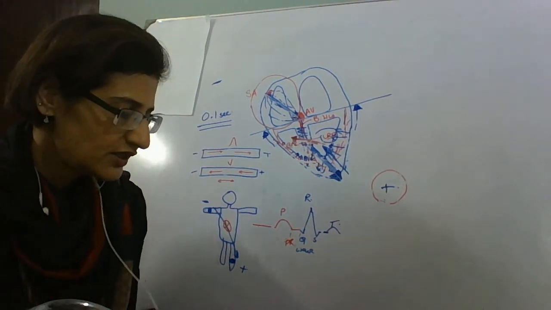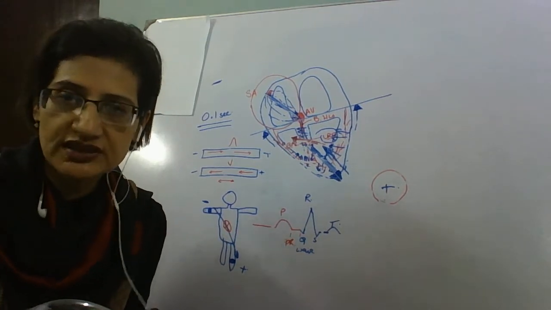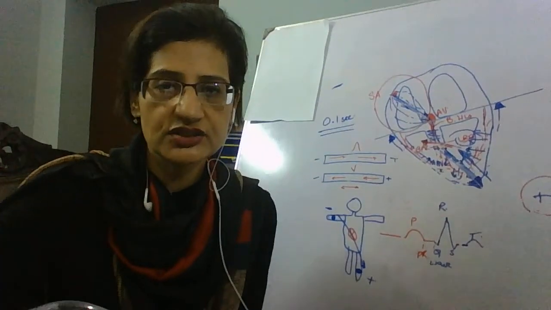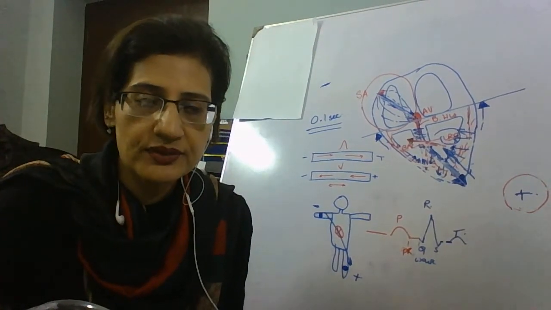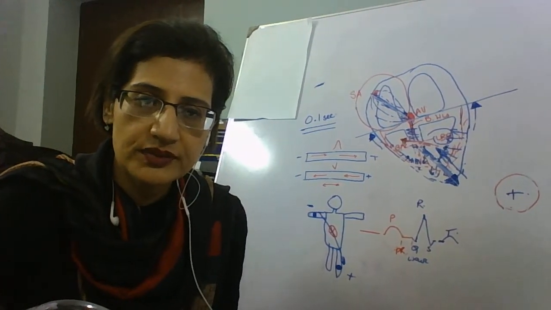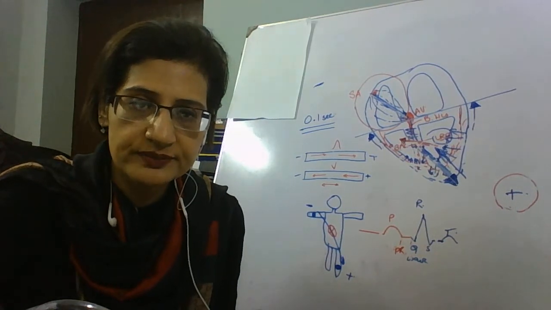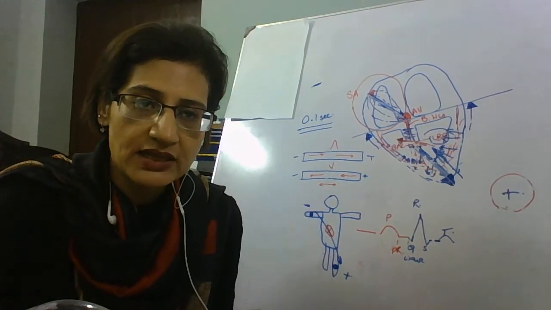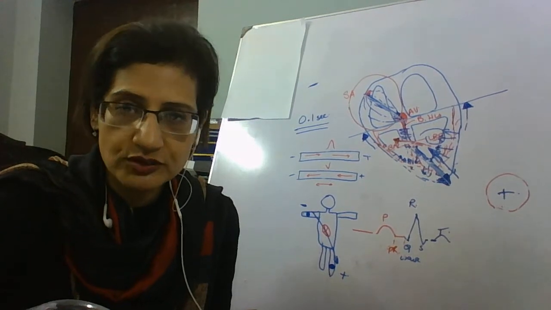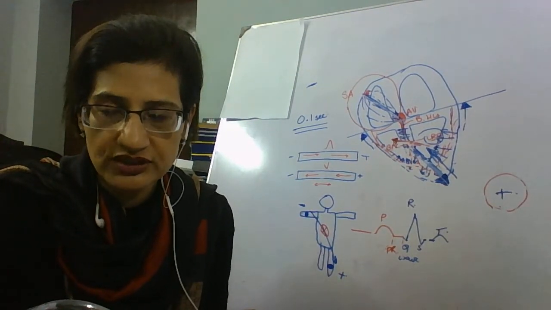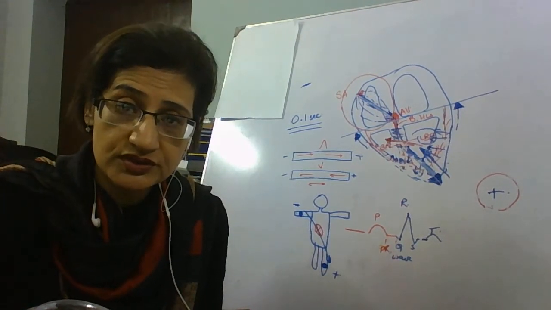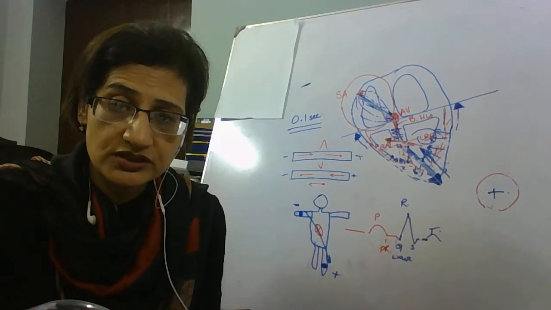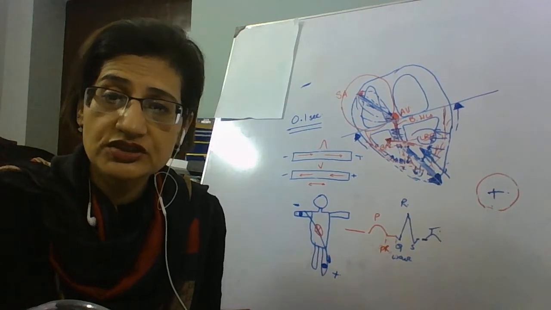right? So generally these are the basic concepts of ECG, and this is how the basic waveform originates, and hopefully I've tried to make it as easy for you as possible. You can refer to various books on ECGs, starting from ECG Made Easy.